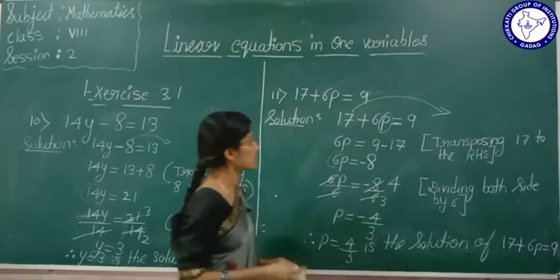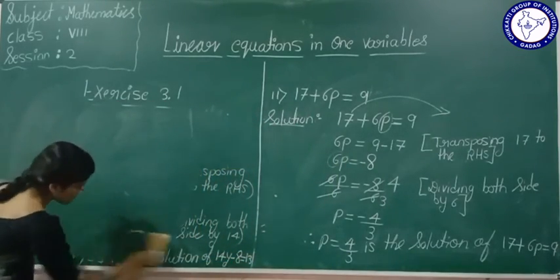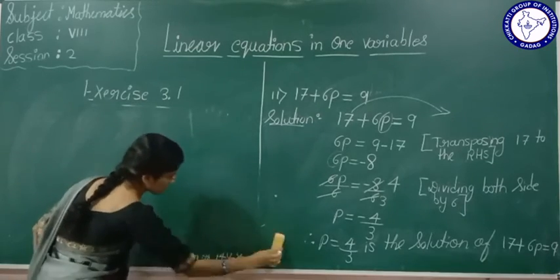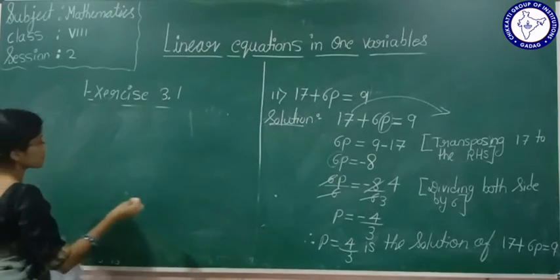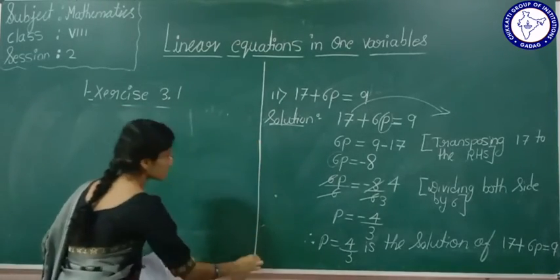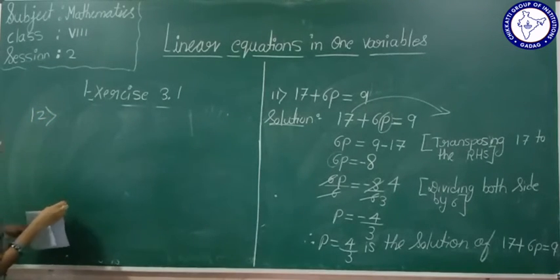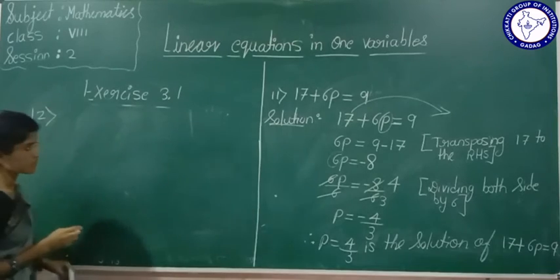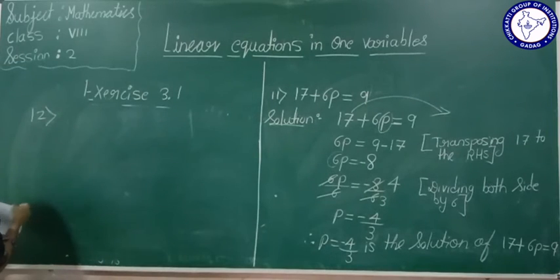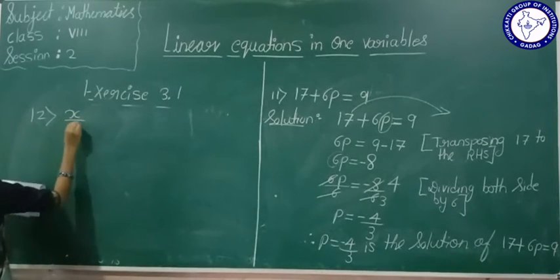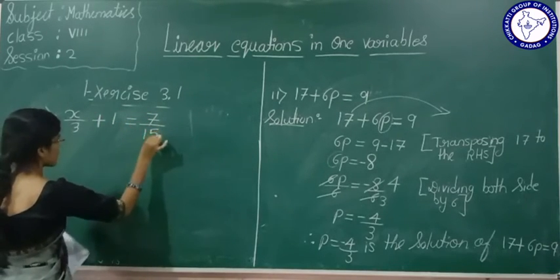Okay, so now we will see the last problem. 12th one here. x by 3 plus 1 is equal to 7 by 15.